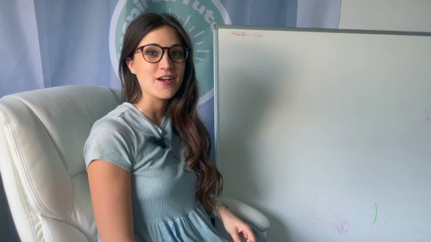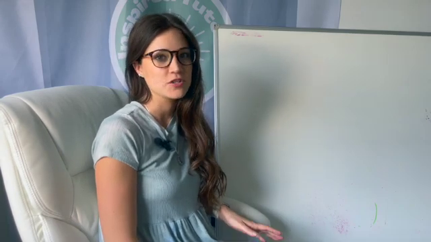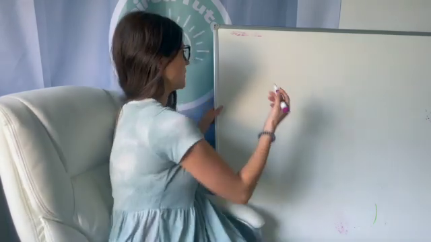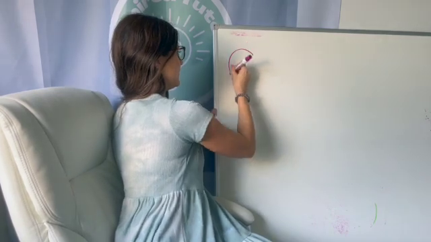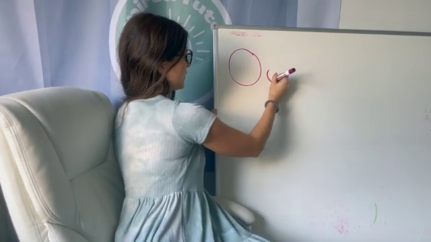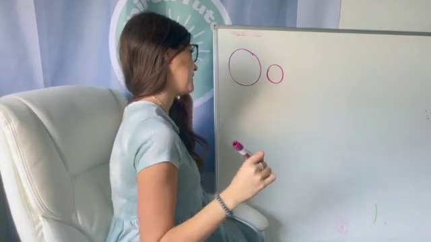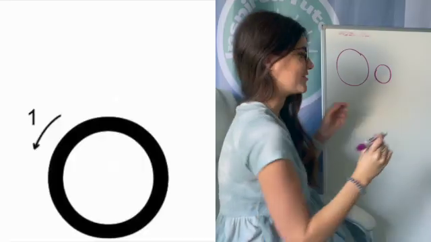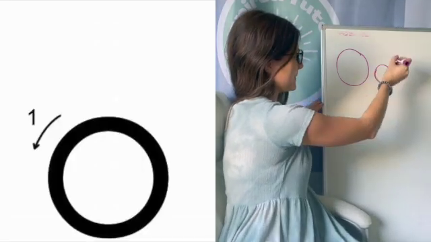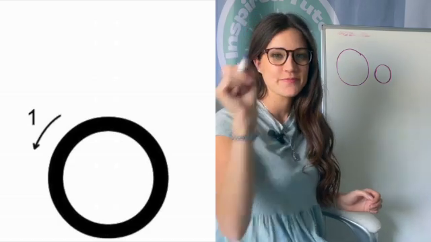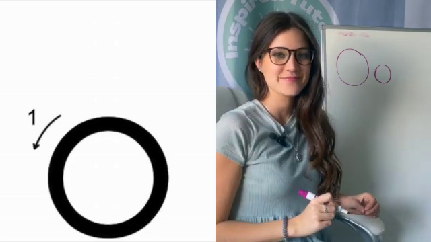Our next letter is O, and remember lowercase o looks just like uppercase O, it's just smaller. So our uppercase O, we would make it big like this. Our lowercase o would be little like that, okay? It's just a circle. Let's try it. Good.